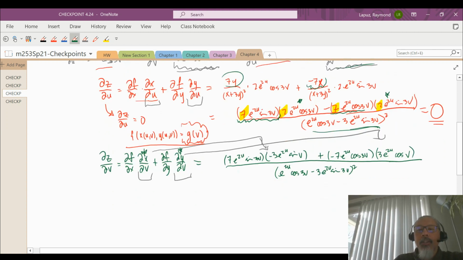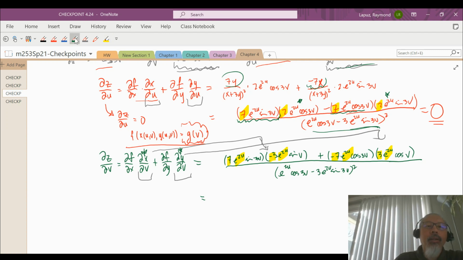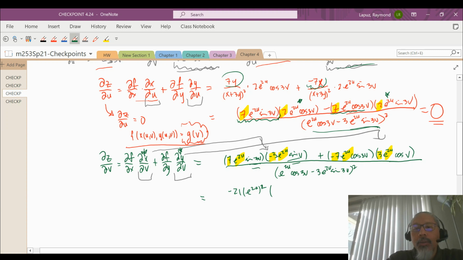All right, let's see if we can simplify things a little bit. I think with this, I'm going to see if I can grab an e to the 2u squared, and also this is negative 21, negative 21, so I can take out a negative 21 from both of them. E to the 2u quantity squared, and then what I would have left here is a sine squared 3v.